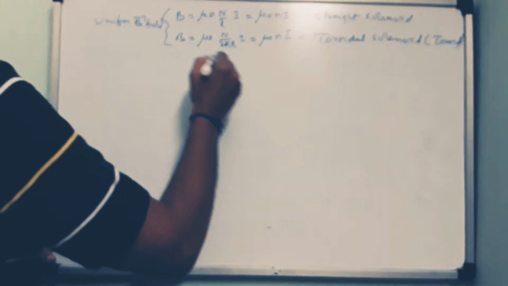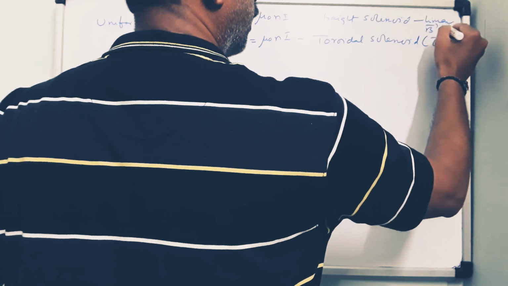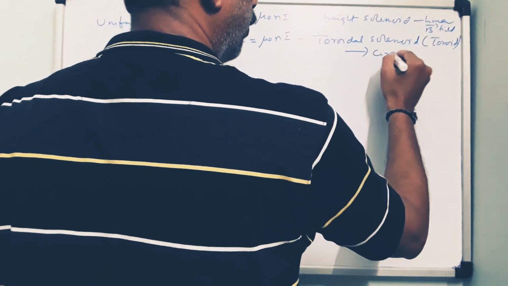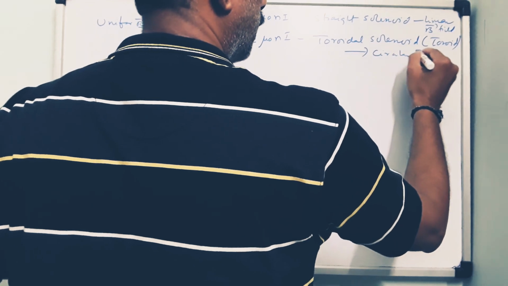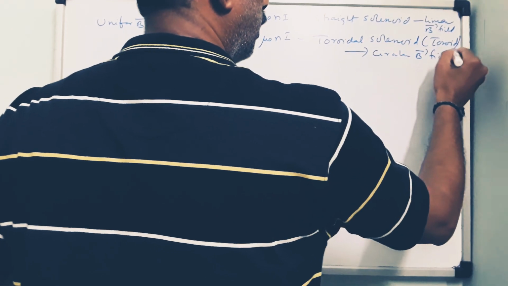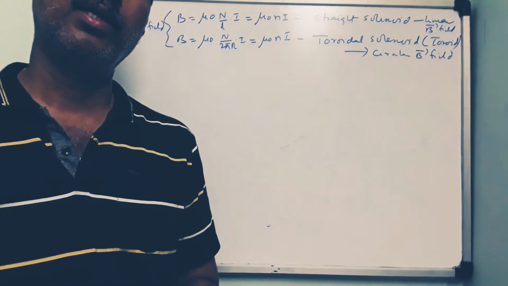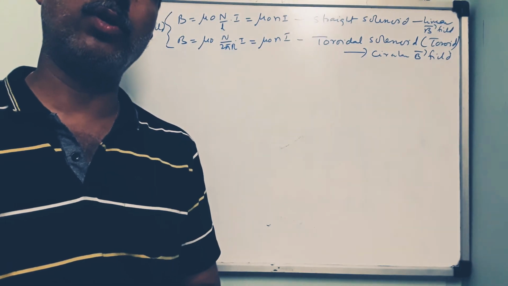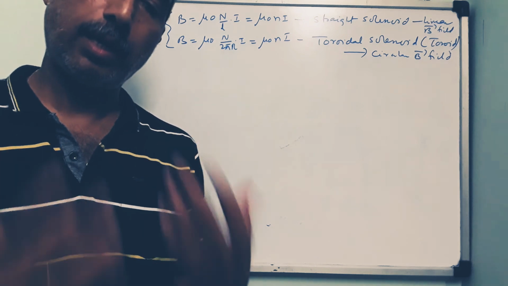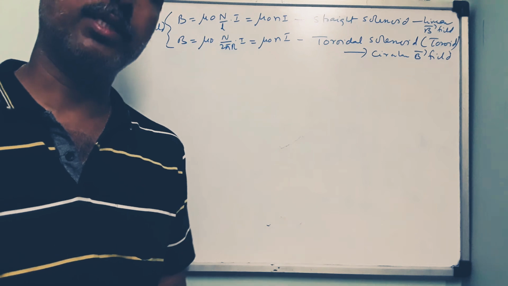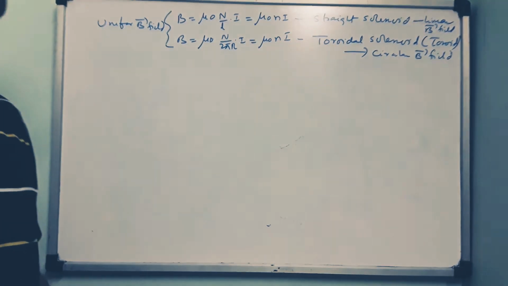This magnetic field is what? Linear magnetic field. This magnetic field is called what? Circular magnetic field. So these are the distinctions. If asked to distinguish between the magnetic field pattern of a solenoid and a toroid, or draw some similarities and differences between the fields, this much only you can write.